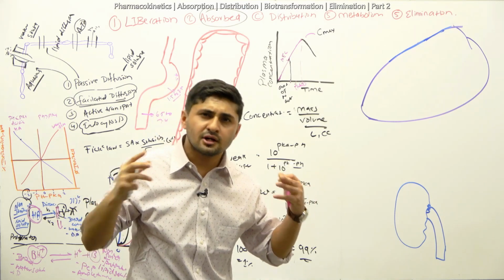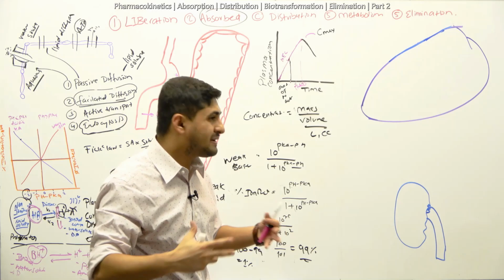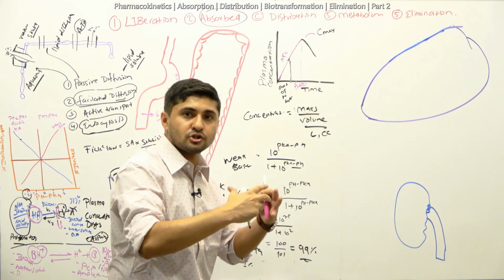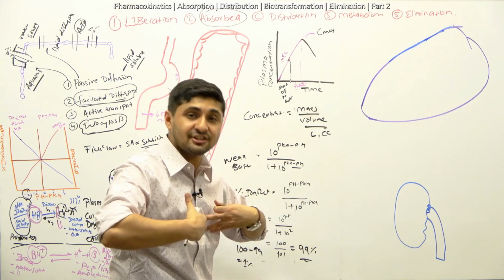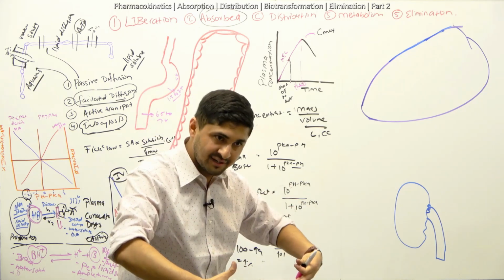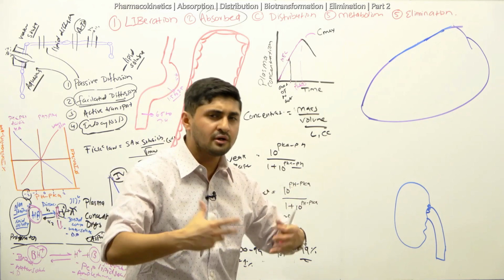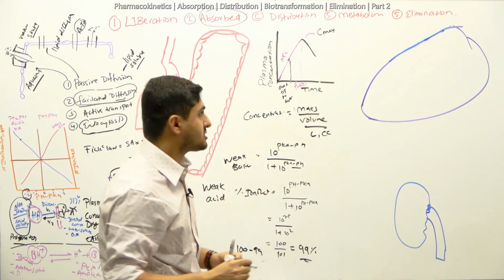There are certain drugs that become active too, called pro-drugs, which basically means you take the pro-drug in its inactive form, but later in our system it gets activated. It converts an inactive drug into an active drug, and we'll talk about that, but I just wanted to mention it quickly.